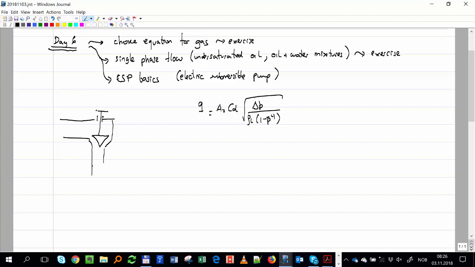When you have an adjustable choke, this area is changing. When you have a bean choke, that area is just constant. When you have an adjustable one, it's changing, or I can modify it.